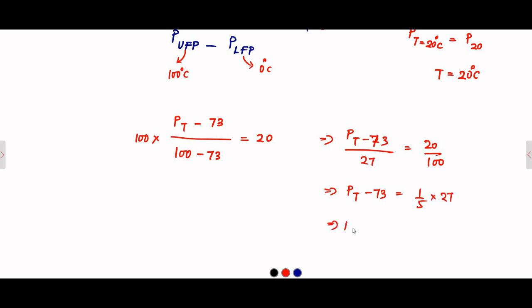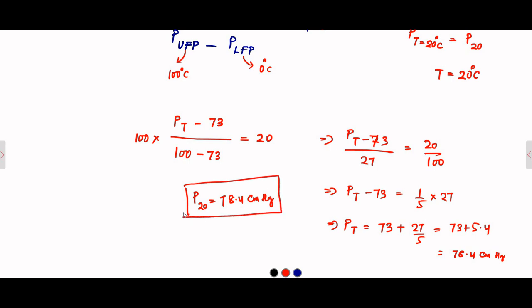That implies Pt is equal to 73 plus 27 by 5, which is 73 plus 5.4, so it's 78.4 centimeter mercury. So the pressure at 20 degrees is equal to 78.4 centimeter mercury.